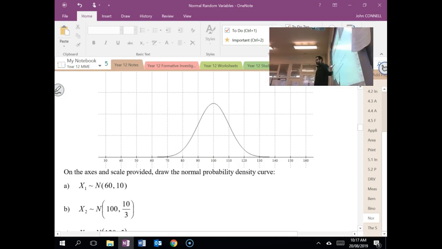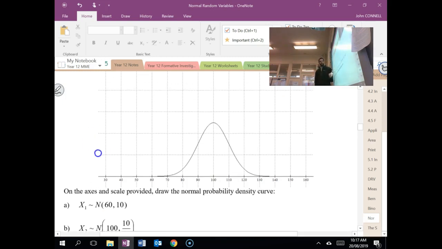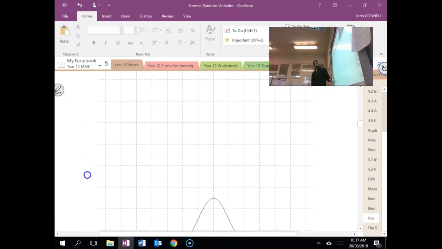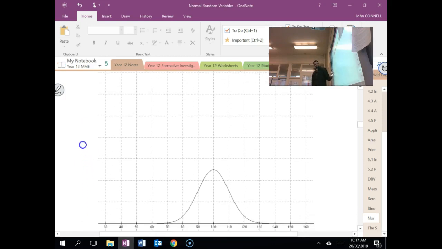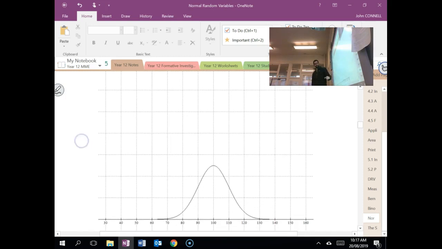Make sure that you give yourself a scale along the bottom, and plenty of space above it, similar to what I've got there. Make sure you draw a curve roughly like that. I'll give you a couple of minutes to do that.